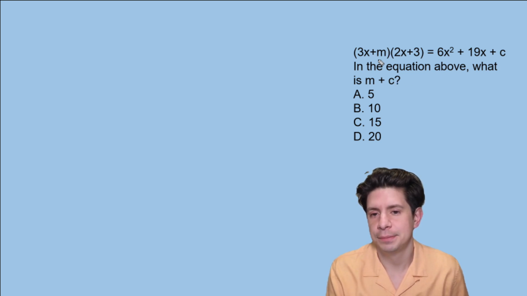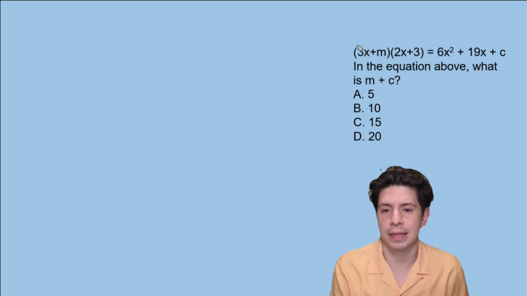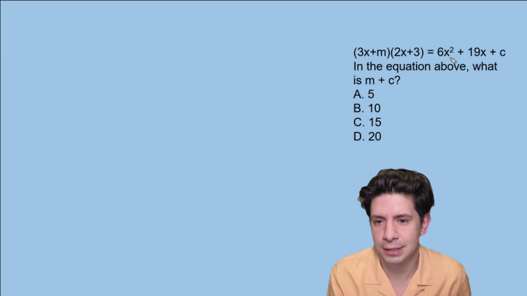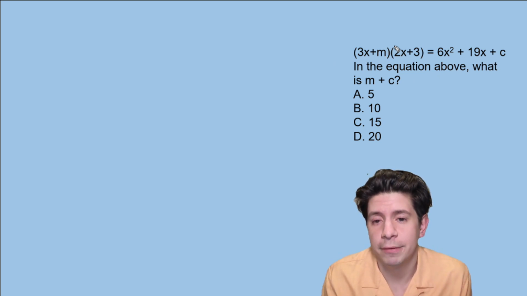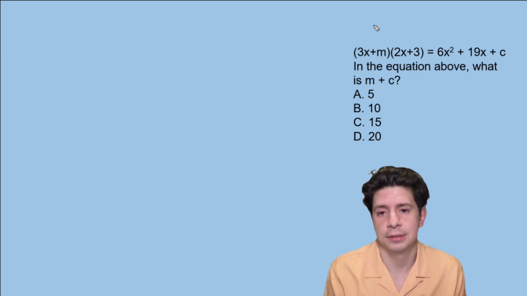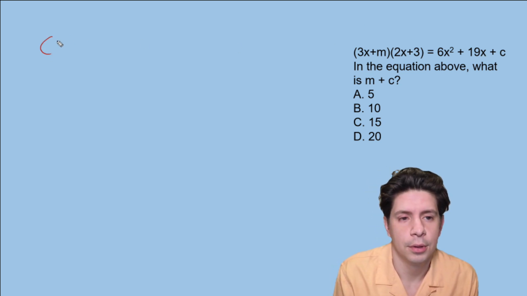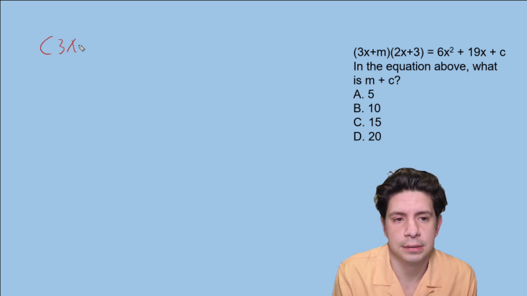Okay, so we have this, and if you can tell, this looks like factored form with the parentheses, and this is standard form. So when we FOIL, we should get this. We're going to do (3x + m)(2x + 3).